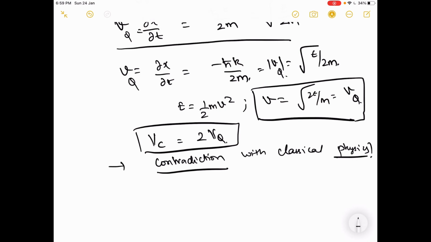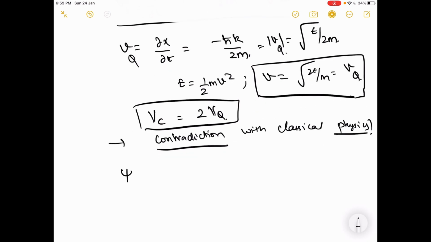The problem is the psi that we have considered here, psi a, psi b, and the summation, something like e to the power i(kx minus ħk squared by 2m t), is not normalizable.